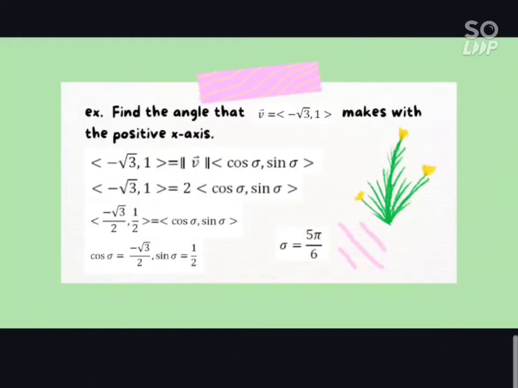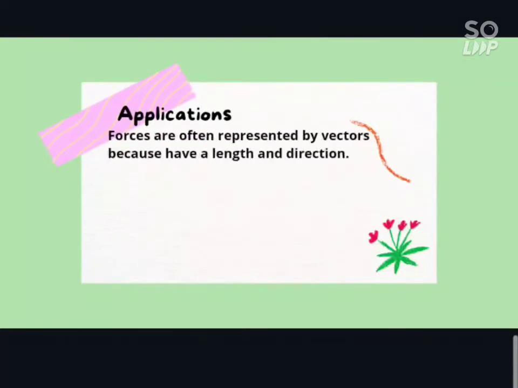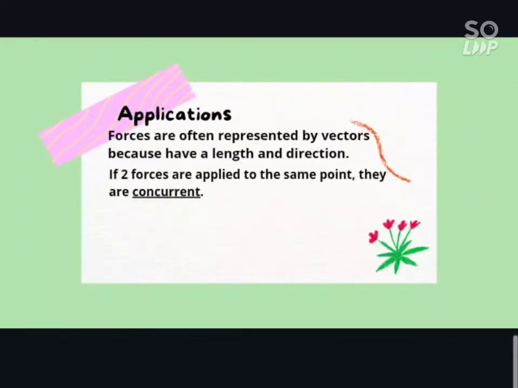Okay, the last thing we need to talk about is applications. Today we're going to be talking about forces. Forces are often represented by vectors because they have length and direction. If two forces are applied to the same point, they are called concurrent.